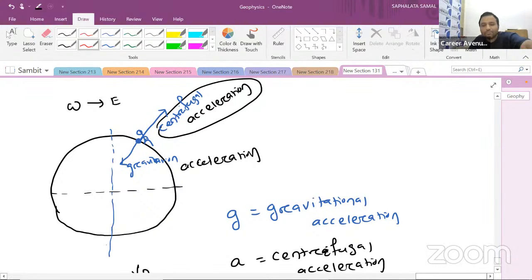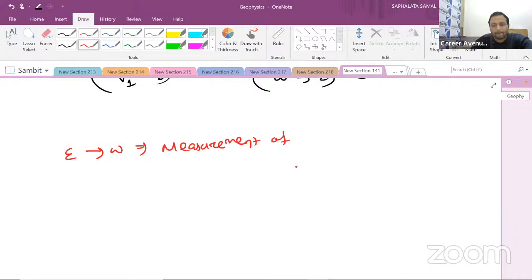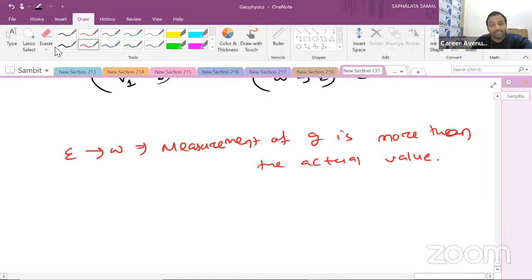So while moving from east to west, measurement of G is more than the actual value. If this is the case, what do we have to do?